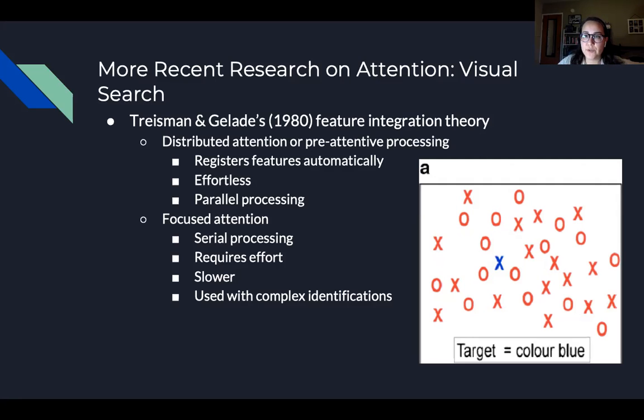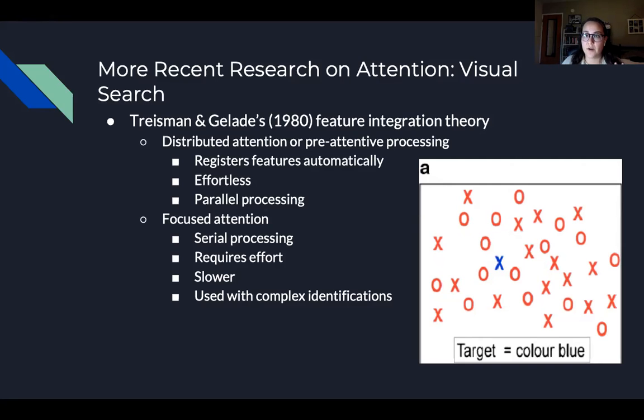Also, distributed attention uses what's called parallel processing. So it's able to run different registers of features simultaneously, rather than this serial one-to-one processing of, oh, there's that object.